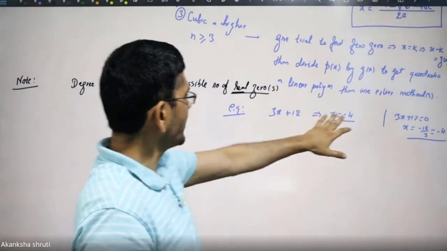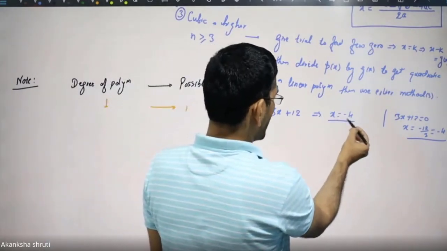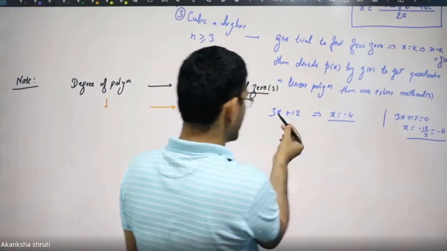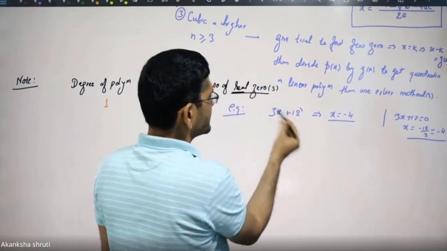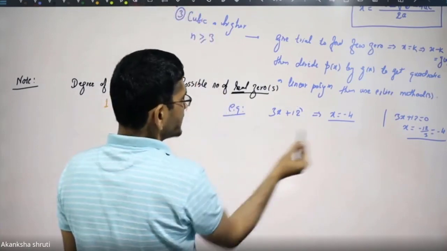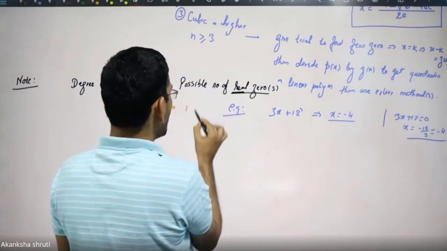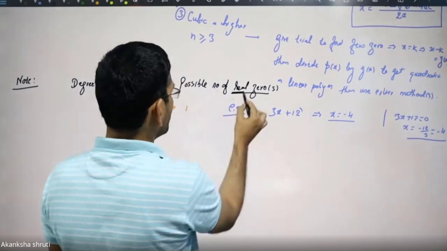Other than this one value of x, that is x equals -4, you cannot get any other value of x which can make this polynomial 0. So how many zeros are there, that we are writing here: the number of zeros.